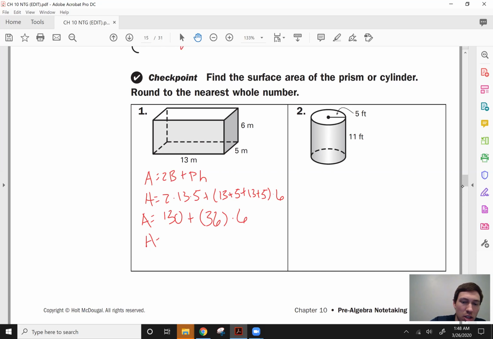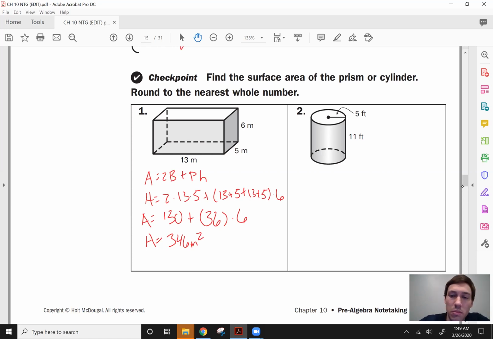So area equals, and I plug that all into my calculator, just as it is, 130 plus 36 times 6. So it looks like that. You get 346 meters squared.